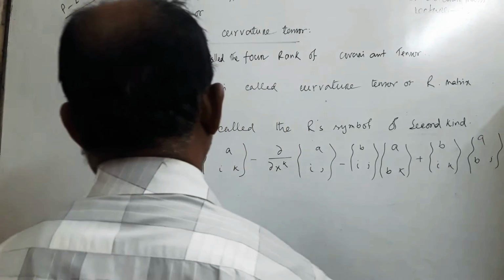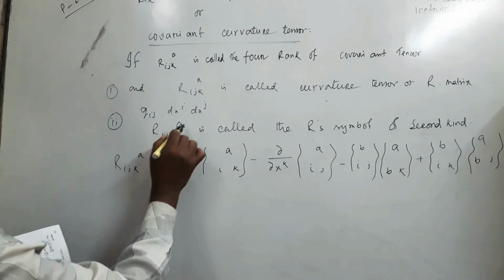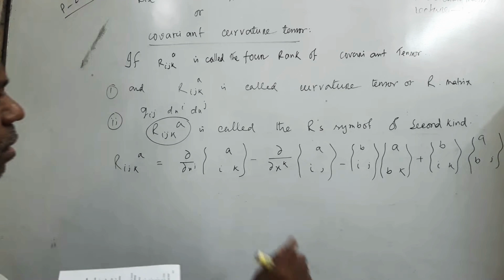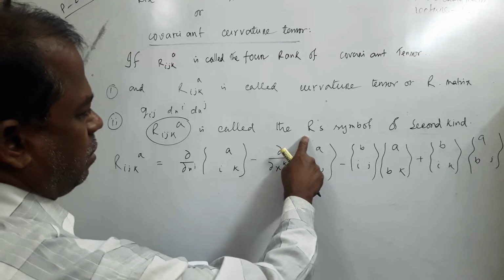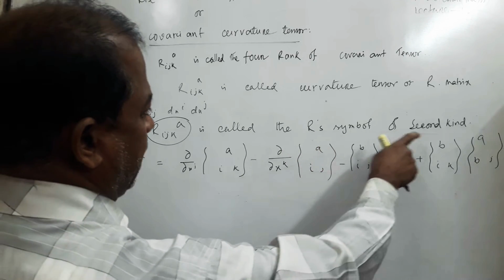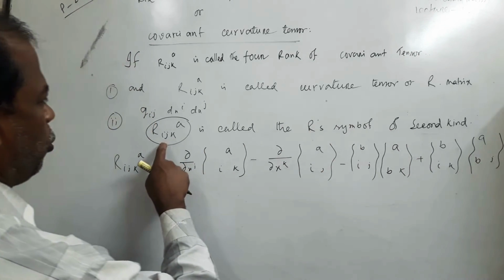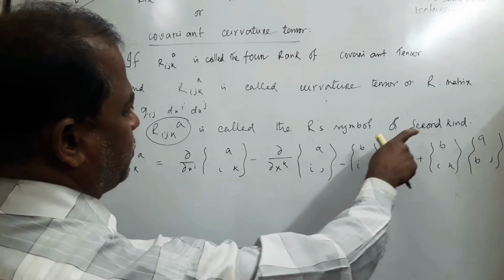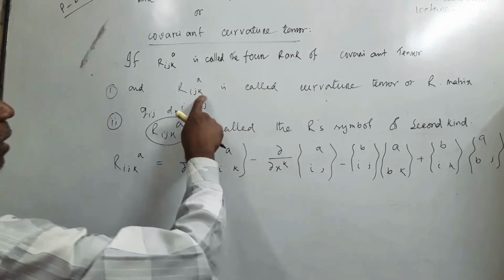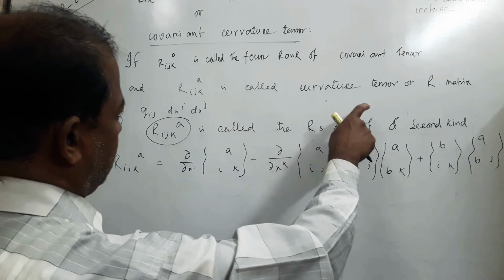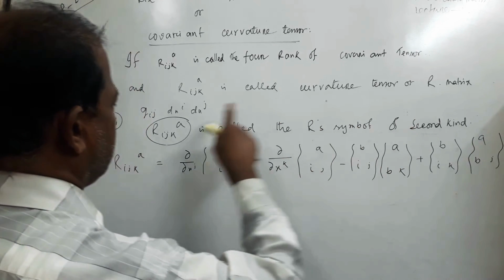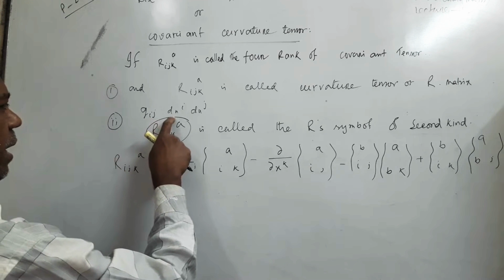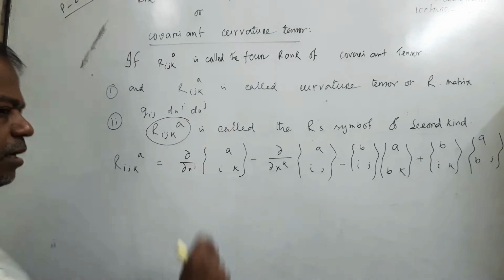Okay, this is the rank 4 Riemann symbols of the second kind, or F is called the curvature tensor or Riemann matrix, which is denoted Gij dxi dxj.